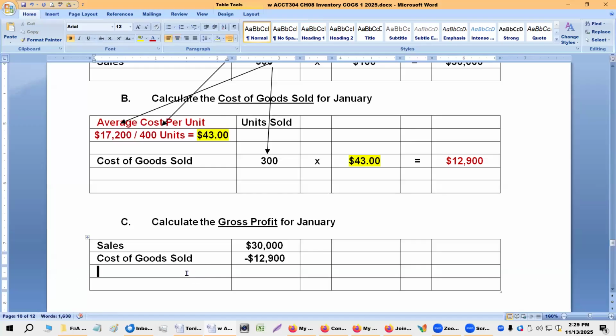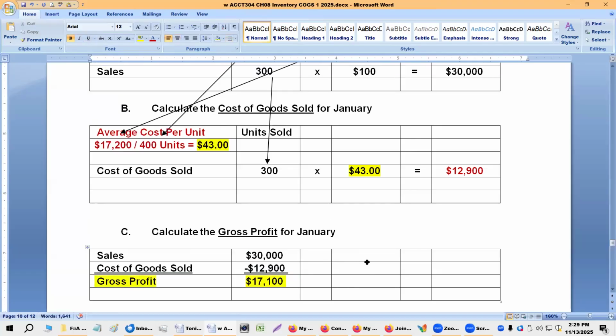And let's go to our gross profit. $70,100. So that's how much money we made on the sale of these.